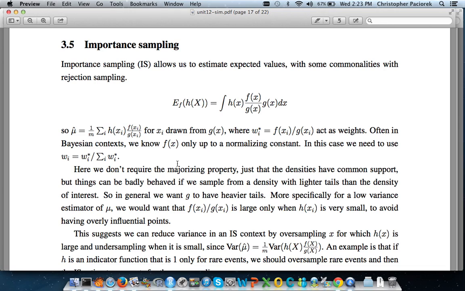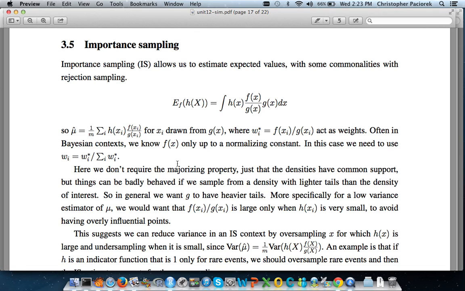And now let's think about drawing a whole bunch of values from G. Most of the values of G are going to be in the middle of the distribution. But as I occasionally get values that are somewhat out farther in the tail, let's think about what the weights for those values are going to look like.